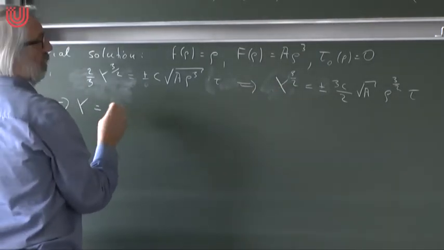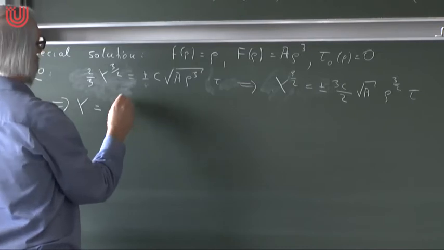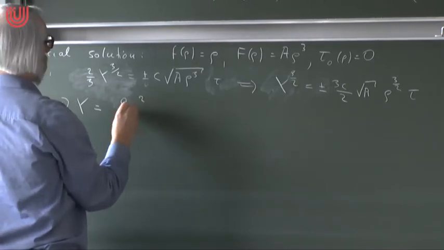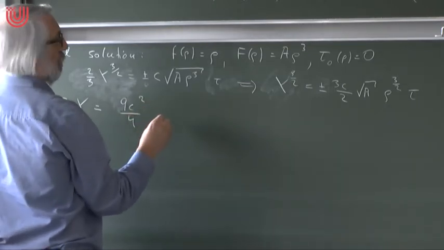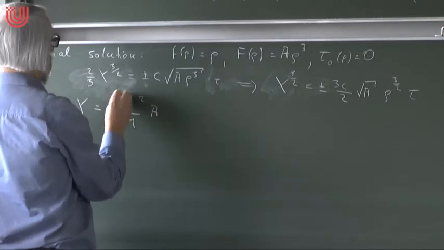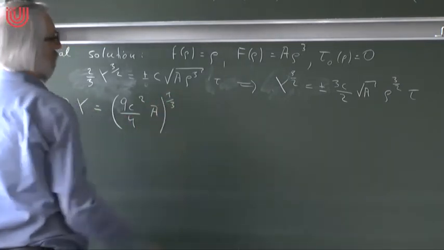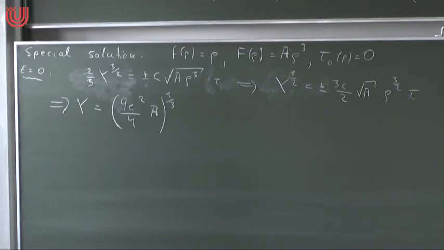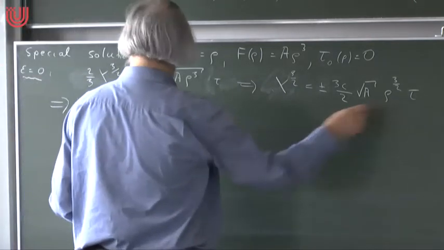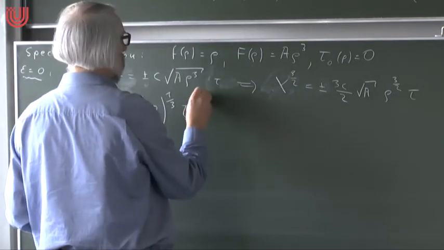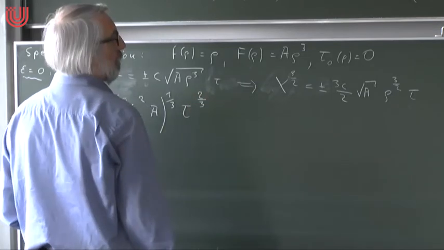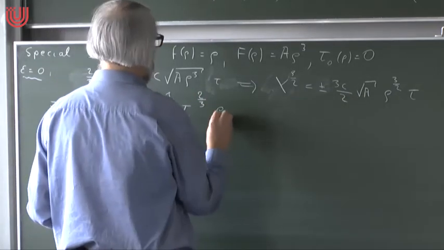So this is 9 c squared over 4 times a to the power 1/3, then comes the tau to the power 2/3, and the rho.